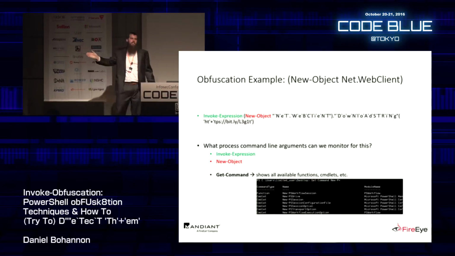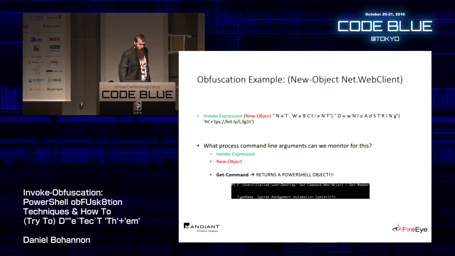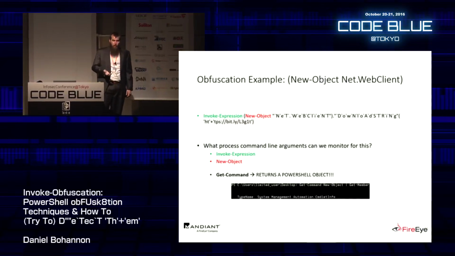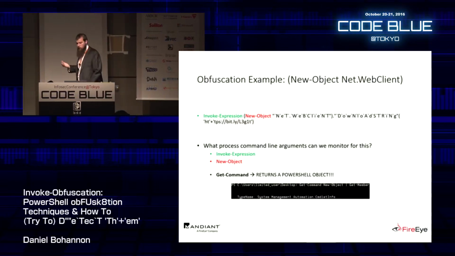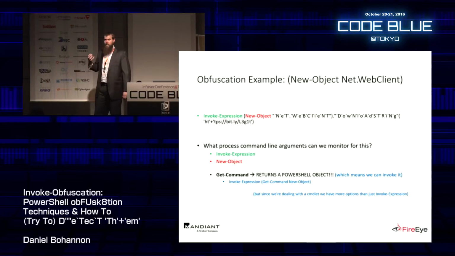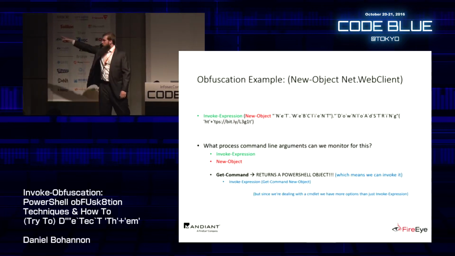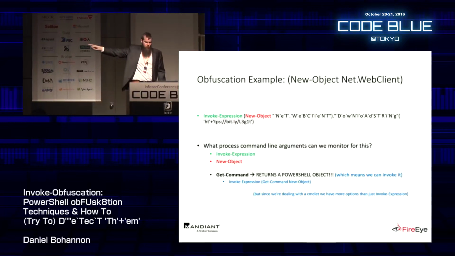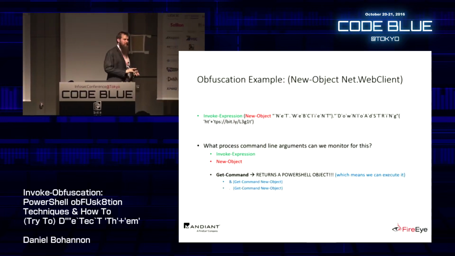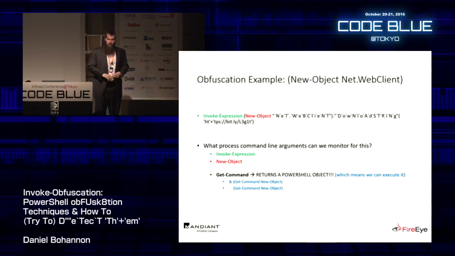There's all the commands. Now, PowerShell doesn't return text, it returns PowerShell objects. So this means that if we return a single object, we can invoke it, like we're doing here. We can use invoke expression, or we can use the ampersand or the .invoke operators.